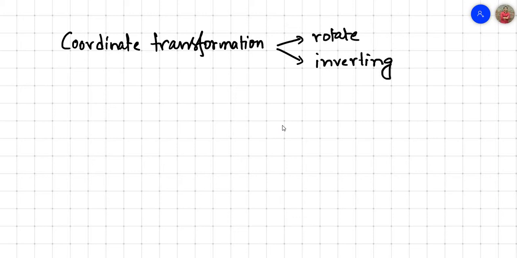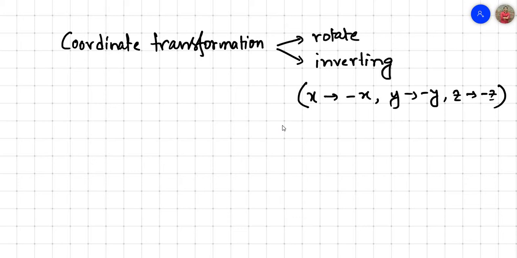So that's basically saying that x goes to minus x, or y goes to minus y, or z goes to minus z, or all of those.